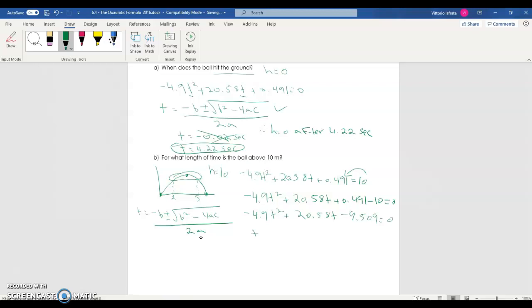So we have t is equal to minus 20.58 plus or minus the square root of b squared, which is 20.58 squared, minus 4 times negative 4.9.